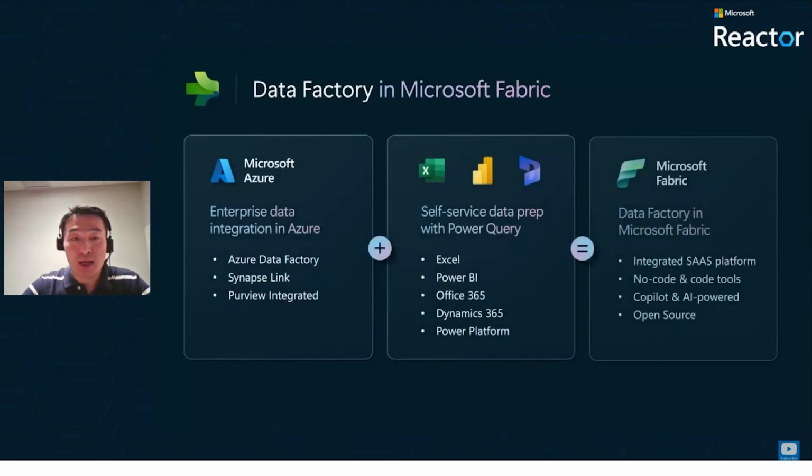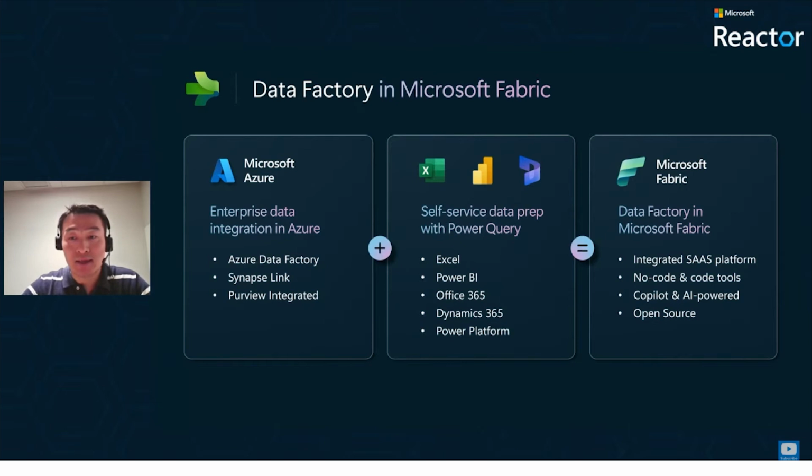Also, within Microsoft Fabric, when we talk about SAP data integration, we also need to discuss Data Factory within Fabric. Data Factory in Fabric is built on the unification of two core capabilities. The first one is Azure Data Factory, our professional data integration service on Azure. The second one is Power Query, our self-service data preparation tool embedded in Power BI, Excel, Dynamics, and the Power Platform.